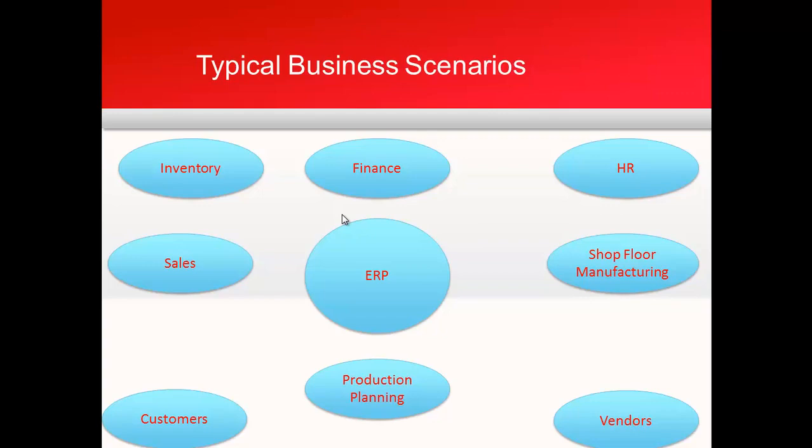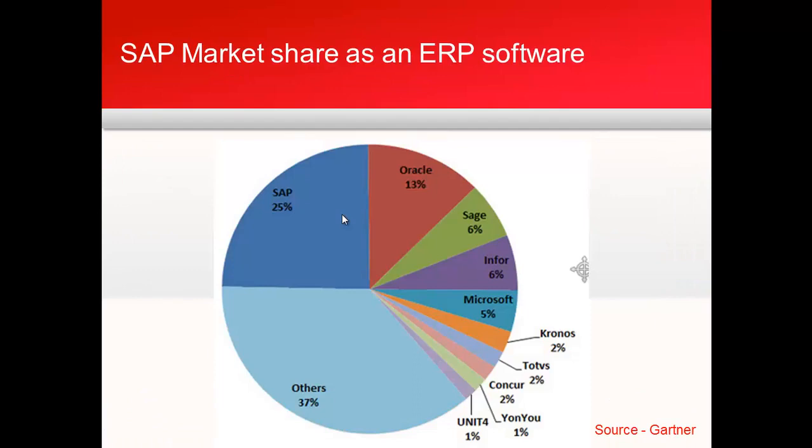So these are the benefits of an ERP system. Hence, a centralized ERP system is required, and SAP is one of the leaders in this space. You can see that they have about 25% of market share, followed by the other vendors.